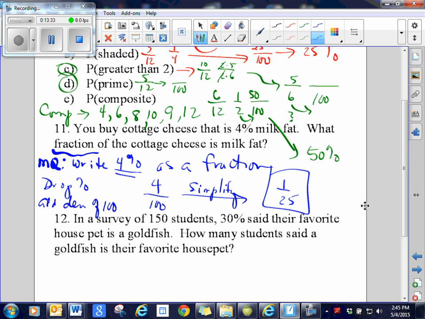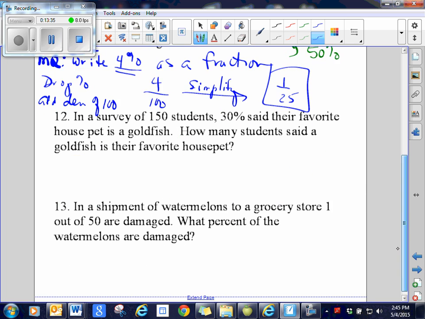Last one. Oh, no, there's 2 more. I think I'm probably going to leave the last one for you. In a survey of 150 students, 30% said their favorite house pet is a goldfish. That's kind of silly. How many students said their goldfish is their favorite house pet? Again, what is the math question? Can you write it down? I'll give you a minute.